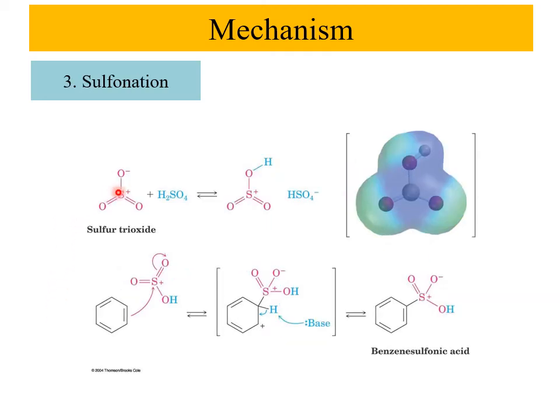Sulfonation of benzene is a process of heating benzene with fuming sulfuric acid that consists of H2SO4 plus SO3 to produce benzene sulfonic acid. The reaction is reversible in nature. Due to higher electronegativity, the oxygen present in sulfuric acid will pull an electron toward itself, generating an electrophile.